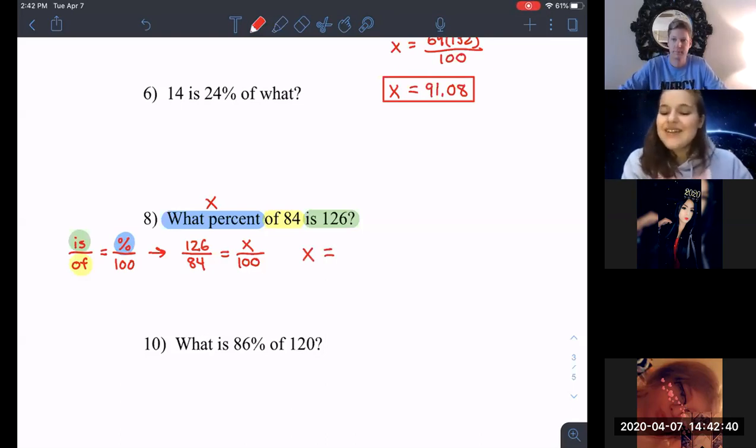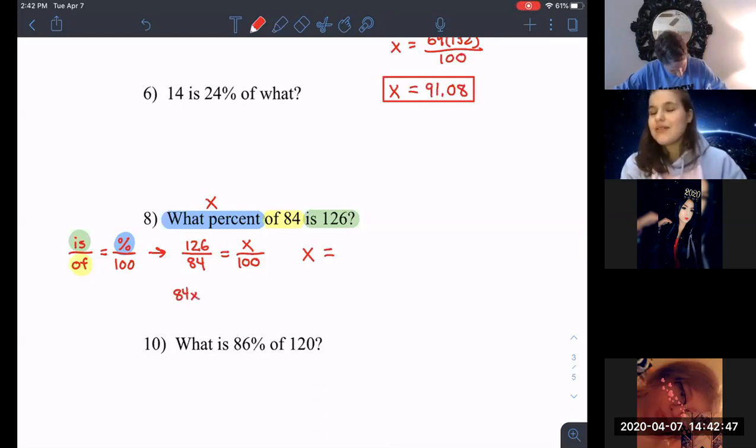Okay, I got 84 and X, and I got 84X. And then I did 126 divided by 100. It's 126 times 100 on the other side of the equal sign, right? Okay, good.